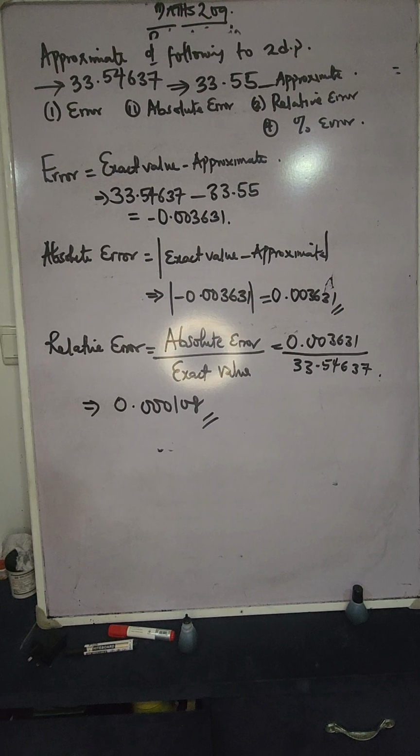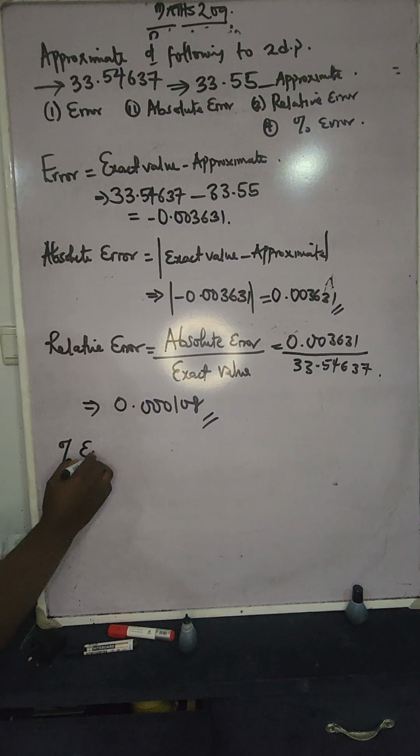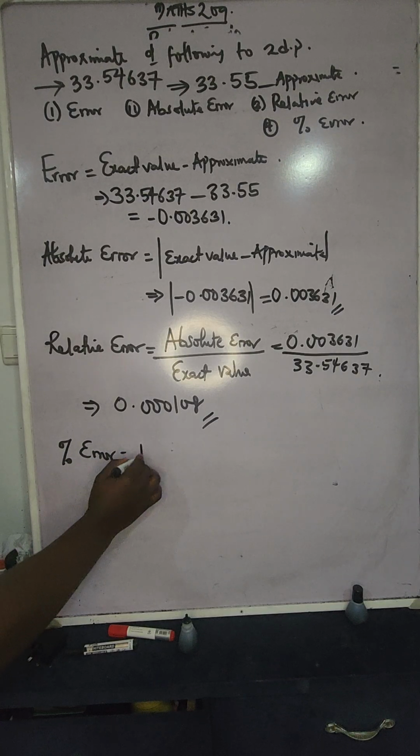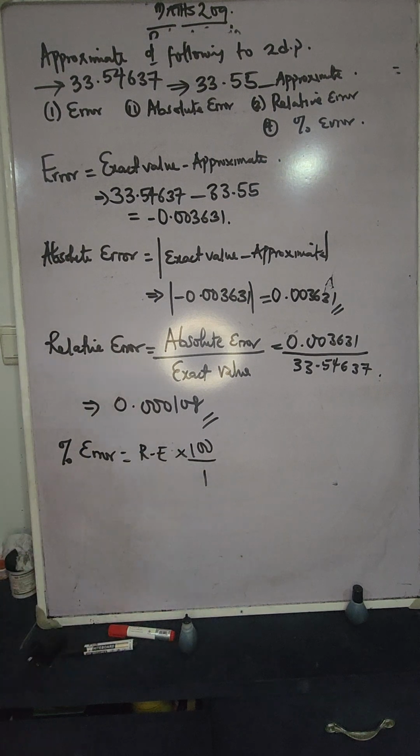So class, if I ask you what will be the percentage error, what will be your answer? We know from our definition that percentage error is the relative error times 100 over 1.